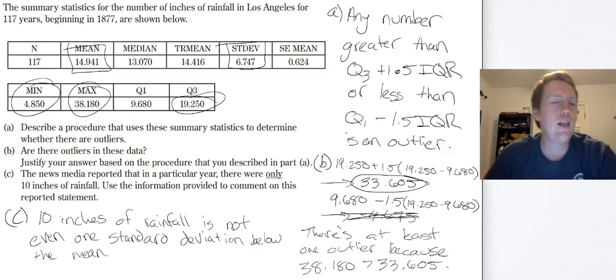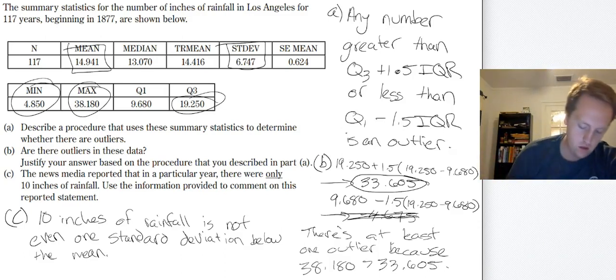Okay, so now I've only kind of half commented on what the news media reported, so I do want to actually input my thought that the news media seems to be exaggerating with the use of the word only.